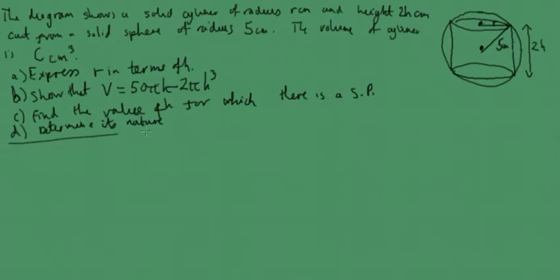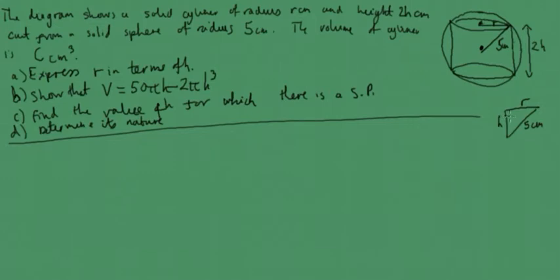So, firstly, express the radius in terms of h. So if we look here, we've got r here, and this is 5 centimeters. Now this here, from here to here, is half of the height of the cylinder. Half of the height of the cylinder is h, because the whole height of the cylinder is 2h.